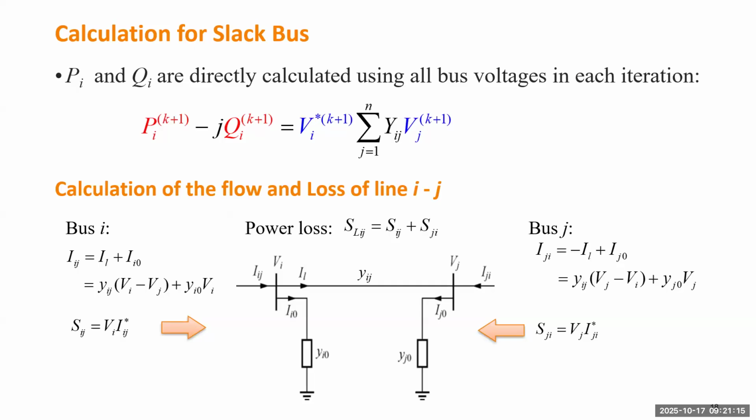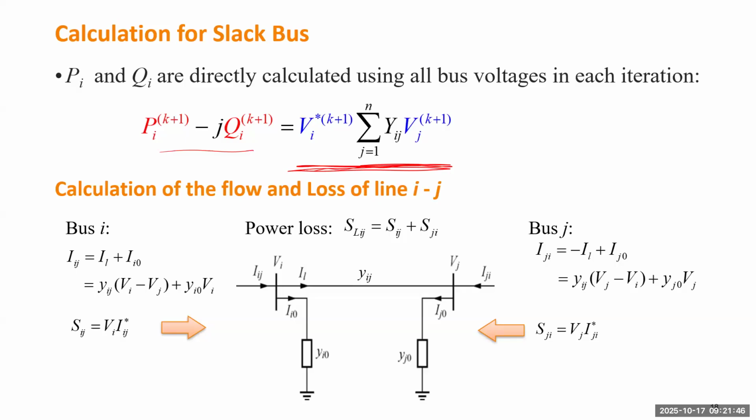So lastly, the slack bus is very simple because for the slack bus we simply calculate the P and Q using all the values we already know about the rest of the system. So when we calculate the slack bus, we already know the voltage phasor everywhere. Since for PQ buses, we calculate the voltage phasor, and for PV buses, we calculate the voltage angle, eventually we have everything when we want to calculate the slack bus.